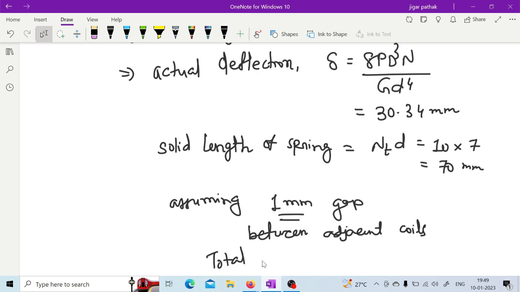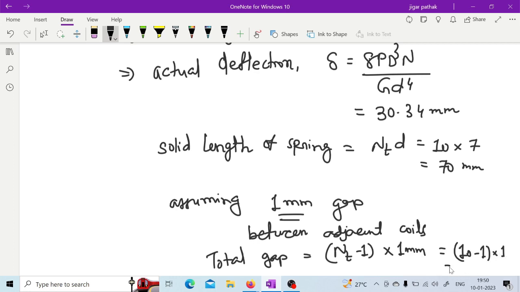That also we have seen. How can you calculate the total gap? NT minus 1 into gap. Here it is NT minus 1 into this gap, that is 1 mm. NT we have 10. So 10 minus 1 here will give you 9 mm.